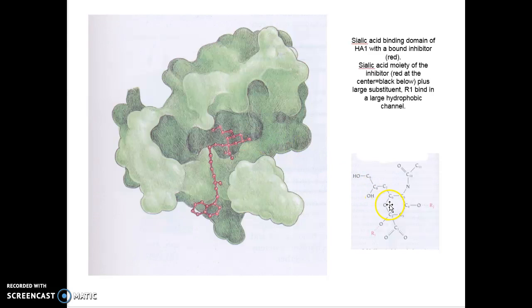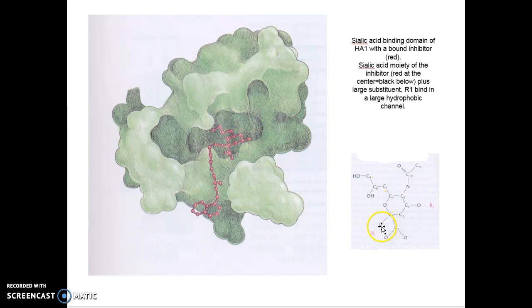Okay, so this is just the binding site of sialic acid located at the tip of the jelly roll, the globular head shown here.